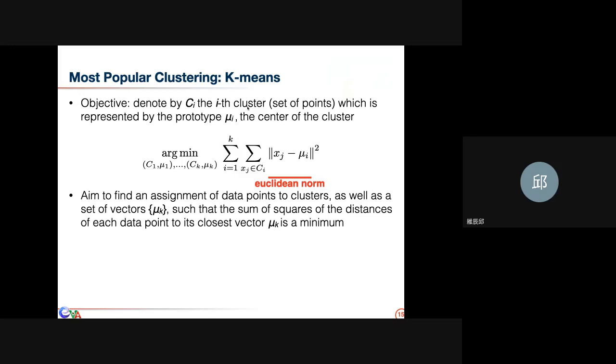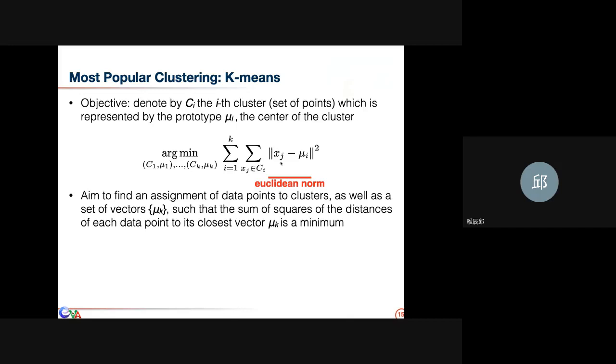So the center of each cluster, where each cluster is denoted by Ci, and the center of this Ci cluster, we use a variable mu i to represent it. Then the objective function of k-means is trying to minimize the Euclidean distance from the data point to its corresponding center.